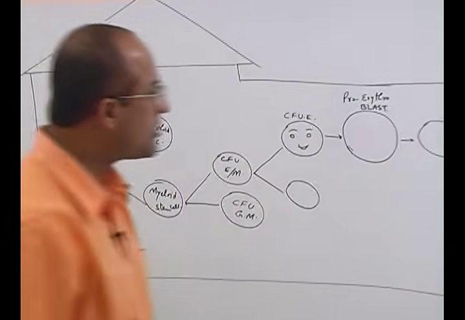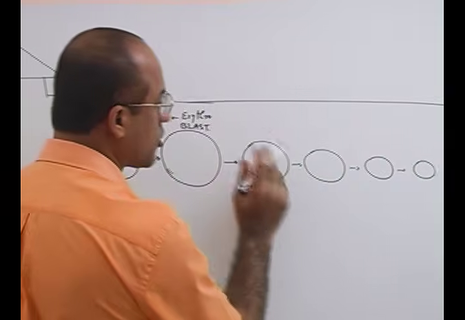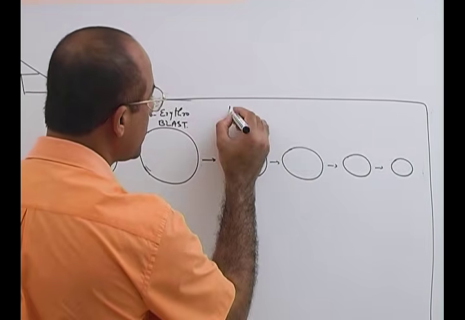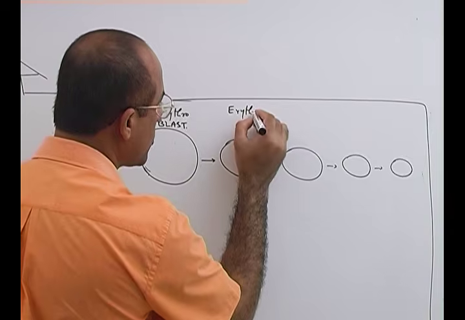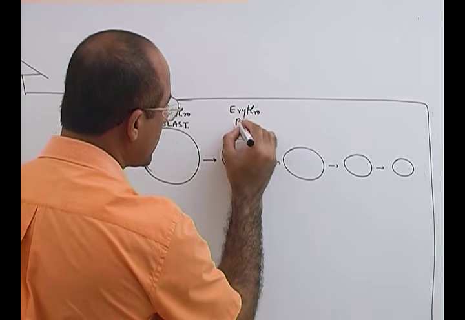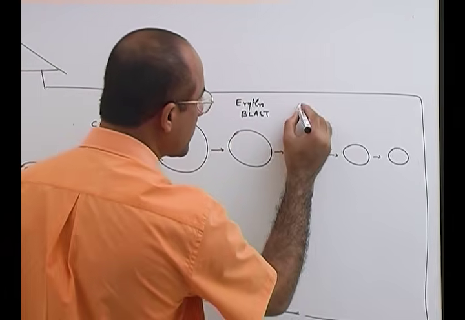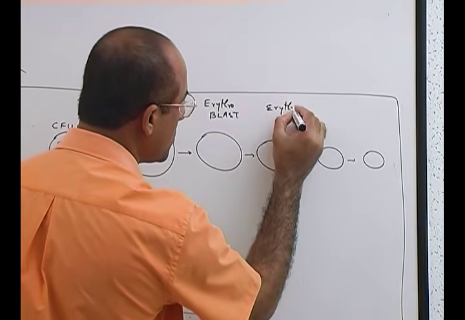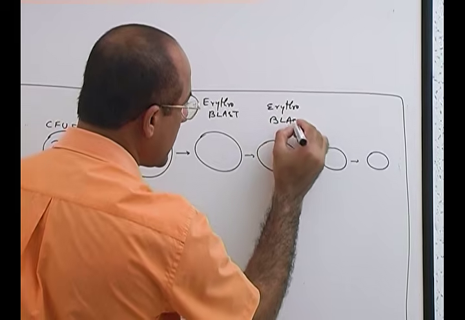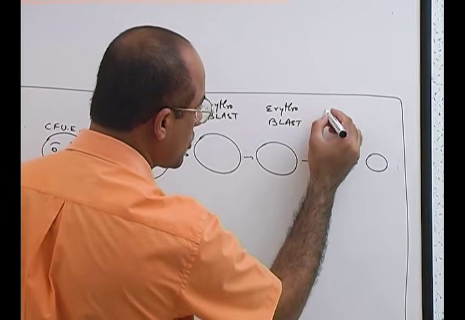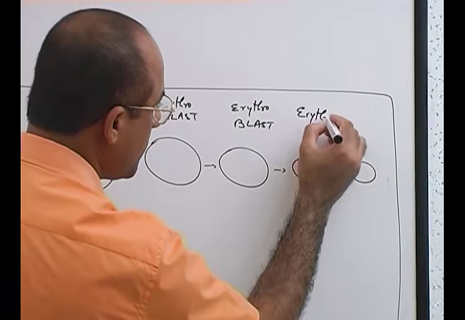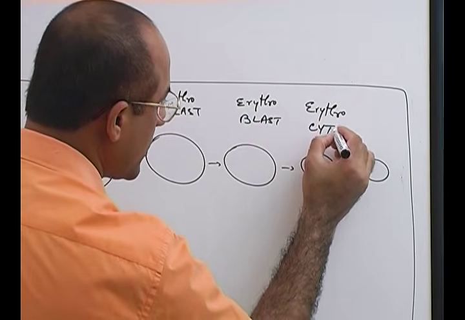Then the next three stages are erythroblasts, and then there is the erythrocyte.